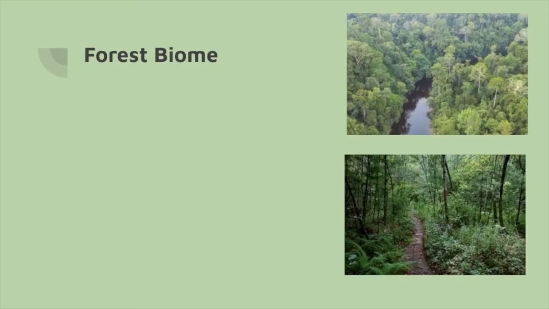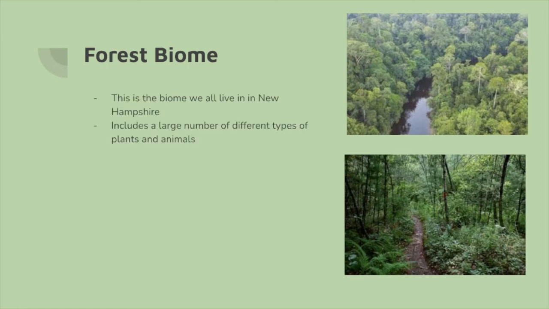So all of those biomes are super interesting, but because here in New Hampshire, we live in the forest biome, we're going to focus in on that one. So it includes a large number of different types of plants and animals, but is mostly characterized by the large amounts of trees you see.